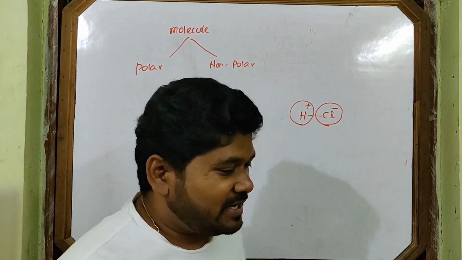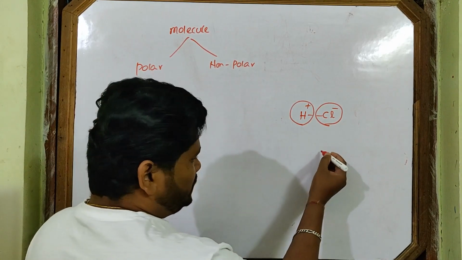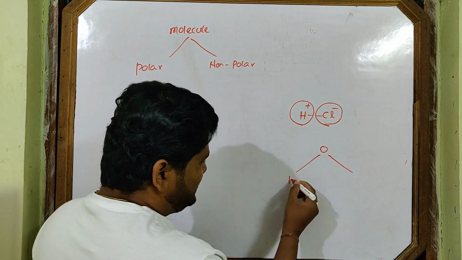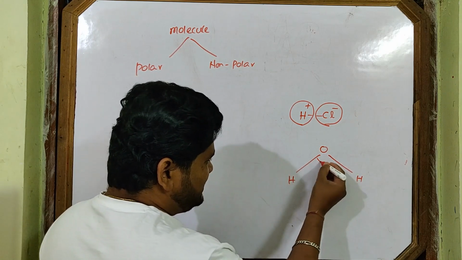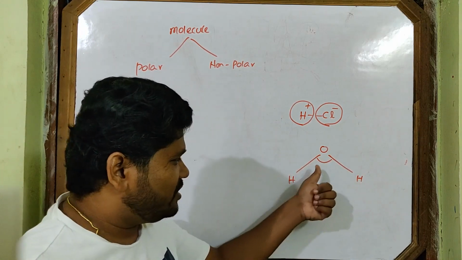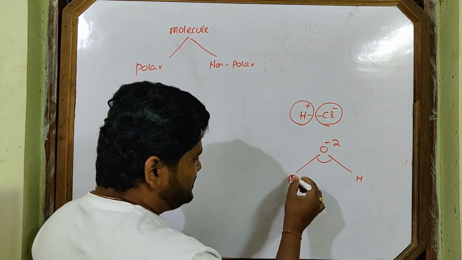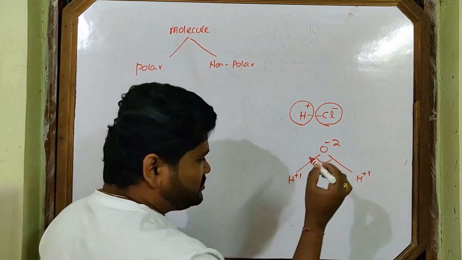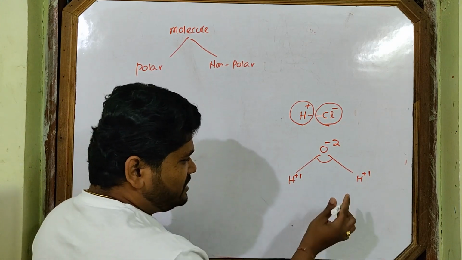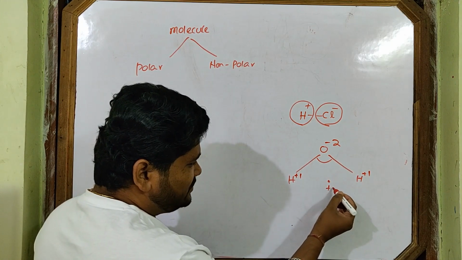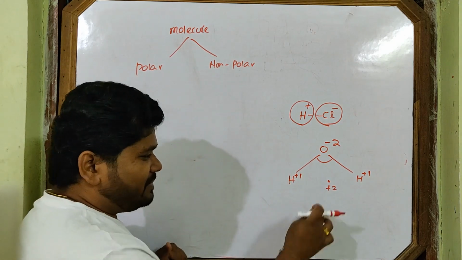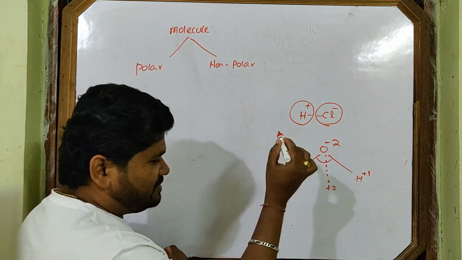Another example I have told you is H2O. This is O, this is H, this is H. There is some bond angle, but we are not bothered about that. I told you this is minus 2, this is plus 1, this is plus 1, and the center of the two plus 1 charges is here. So plus 2 and minus 2 are separated by some distance.